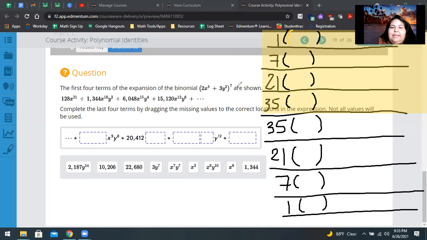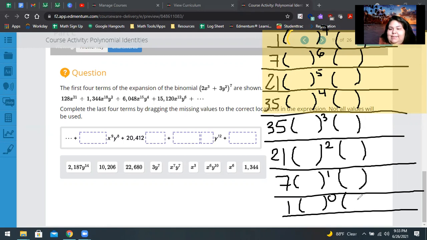Because it's raised to the 7th power, the exponents count down 7, 6, 5, 4, 3, 2, 1, 0. Then the second set of parentheses is your b value, which we also determined in the first part of this question. This one starts at 0 and increases to 7.